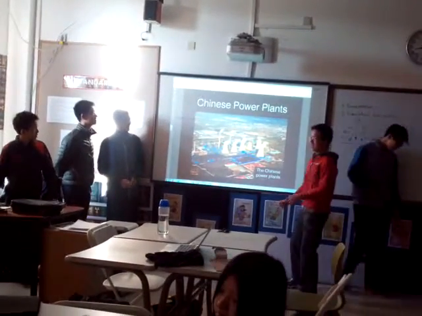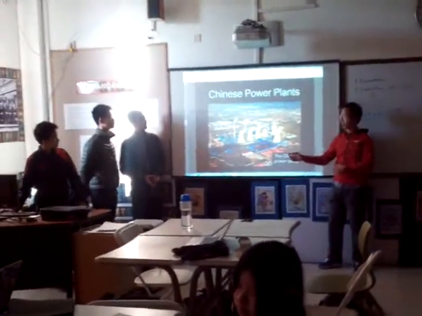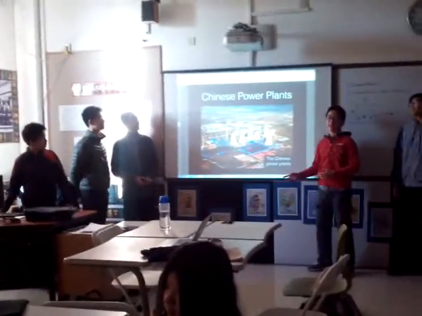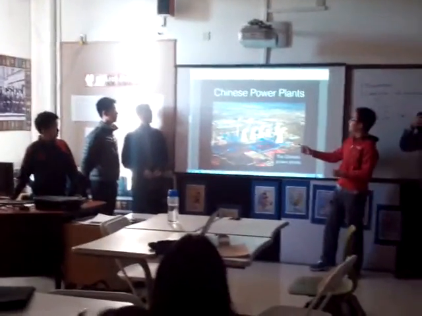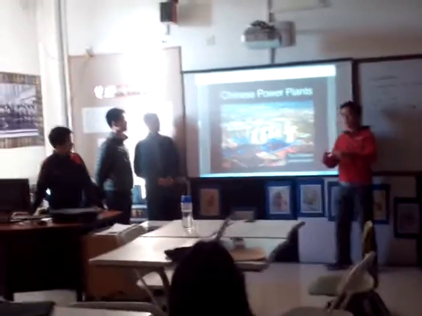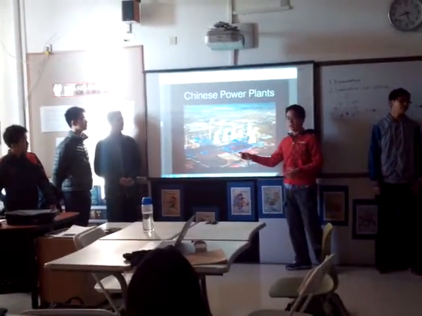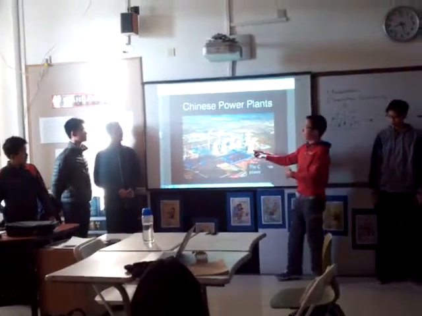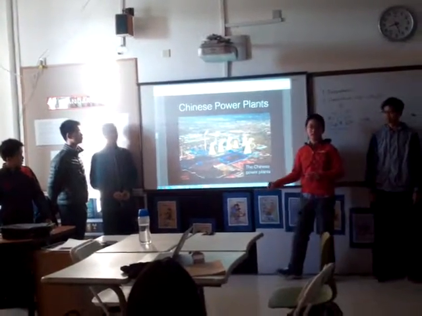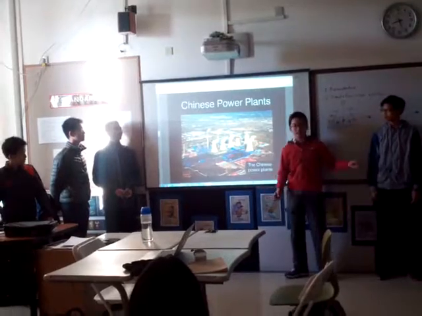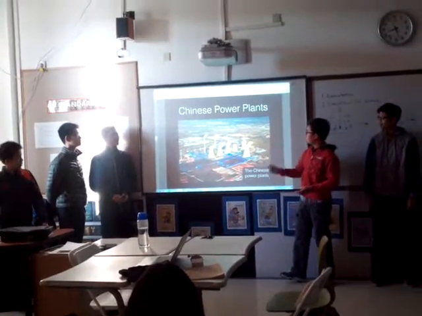So now in the next two slides, we're going to talk about Chinese power plants and Western world power plants. The Chinese power plants use mainly fossil fuel, and it's cheaper, but it creates a lot of pollution and some disadvantages, just like we already said before.